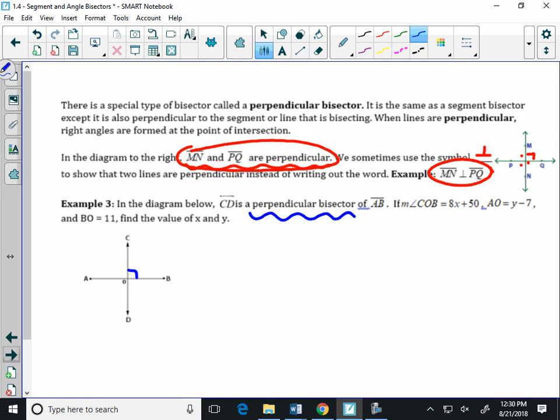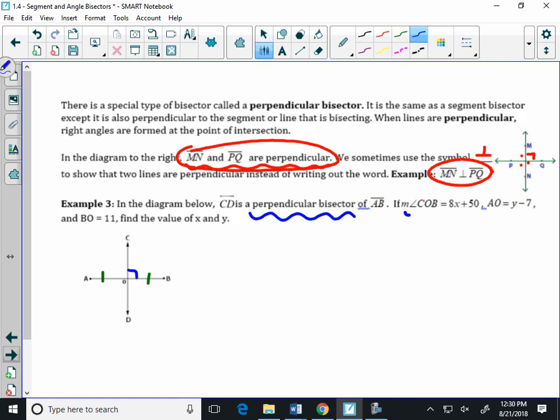It's also a bisector, so what do we know about the distance of BO and AO? They're the same, so I'm going to put tick marks on it. Cutting it in half, I know they're the same because it's bisecting. That's what I like to do: figure out what I know based on my vocab word, and mark my diagram. Now that we marked our diagram, we know what's going on in the picture.